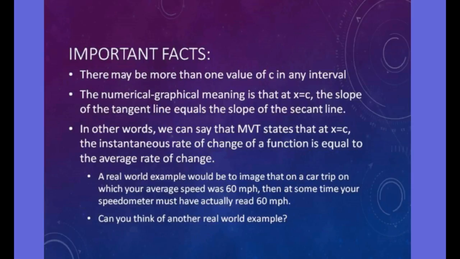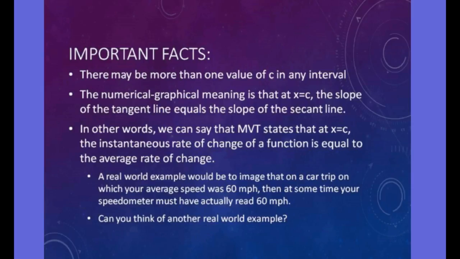And then it's fair to say in the mean value theorem that at x equals c, the instantaneous rate of change of a function is equal to the average rate of change of a function. And I tried to give you a real world example. As I was typing this, I actually thought of another really good one. Imagine going on a car trip where your average speed is 60 miles an hour.